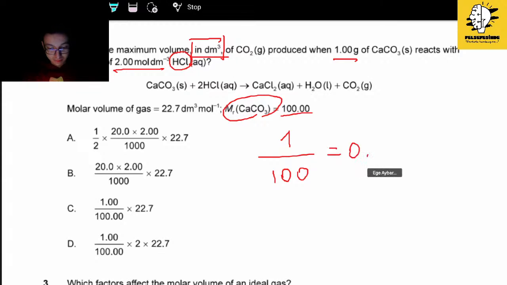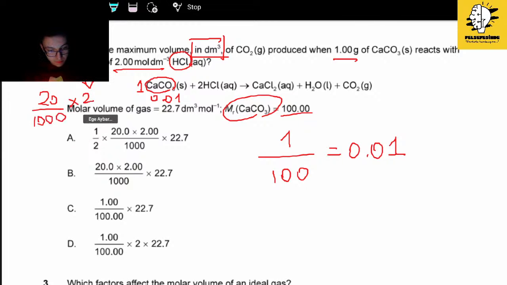So we find 0.01. The coefficient of it is 1, and we know that, so we can write 0.01. Then for the hydrogen chloride, we can also multiply it by 2, and I'm dividing by 1000 because it is asking us in decimeter cubed, not centimeter cubed. When we do the calculations, we find 0.04.